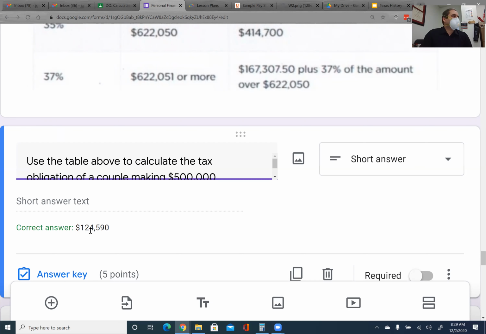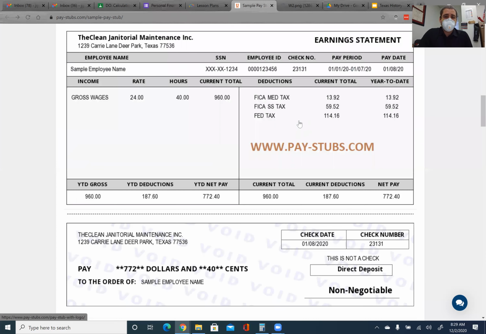Yeah, so you really want to make as small of a refund as possible. Okay, and so you'll see it has current total and year to date. As the year goes on, the current total category here and here is going to stay the same unless something changes in their employment. They get a pay raise, obviously that will change.